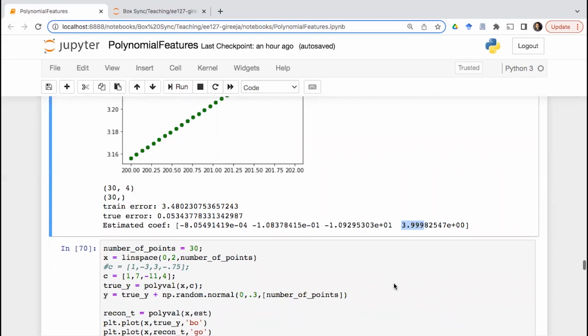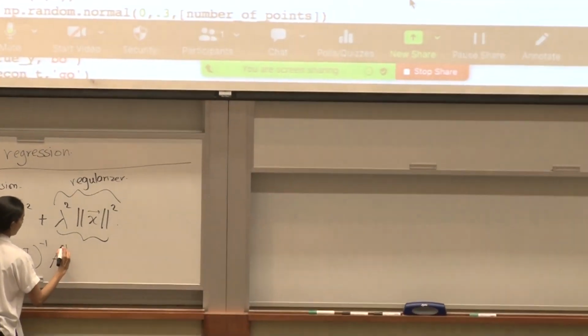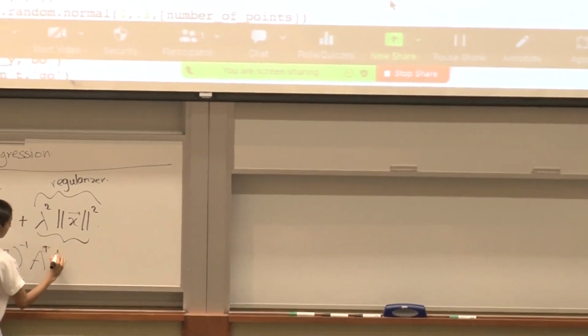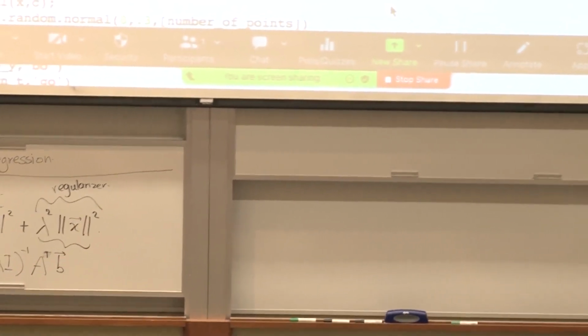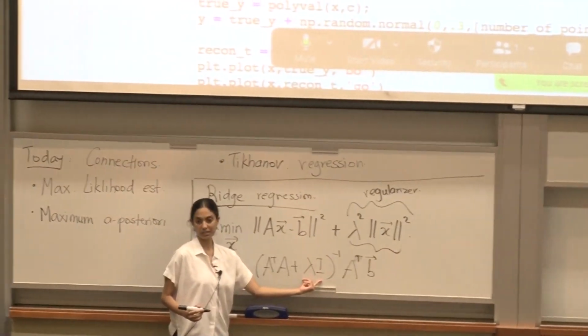If I solve this, what did we show last time? We showed that the optimal solution was A transpose A plus lambda I, inverse, times A transpose B. So this is the least squares expression, but with this lambda I added.